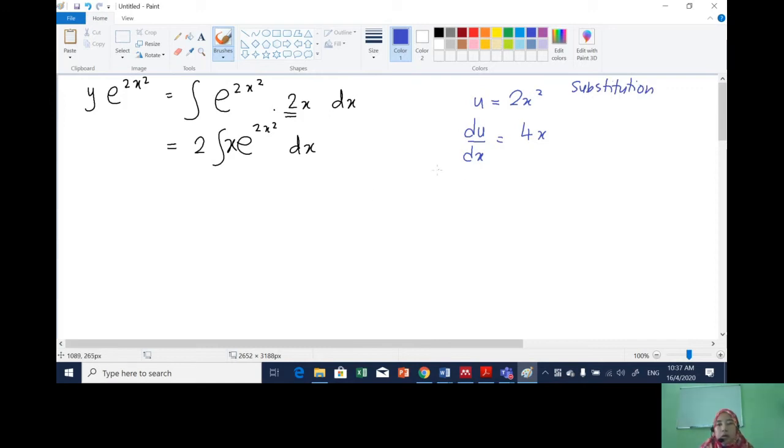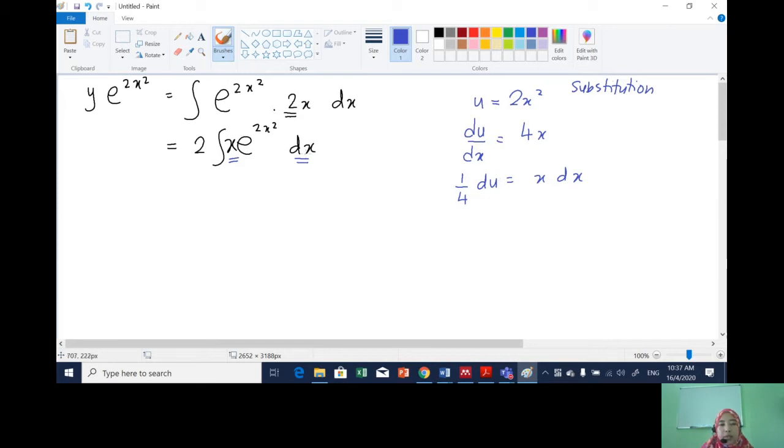This method we call the substitution method. So we can write down 1 over 4 du is equal to x dx. We have x dx here, so x dx will be equivalent to 1 over 4 du.